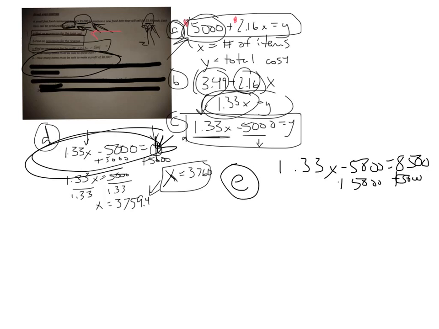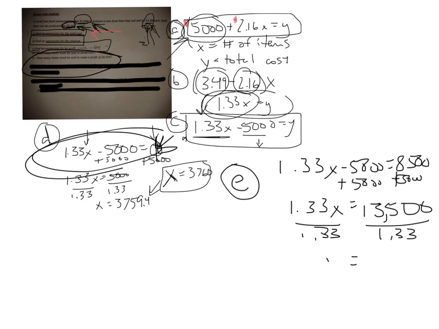So it's 133x equals 13,500. Okay, and then we just divide by 133. And it's fairly obvious you're going to have to sell 10,151 items, because it was around 150.3759, something like that. So you're going to have to go up one. That's how you're going to make that much money. Dollar bills, y'all.